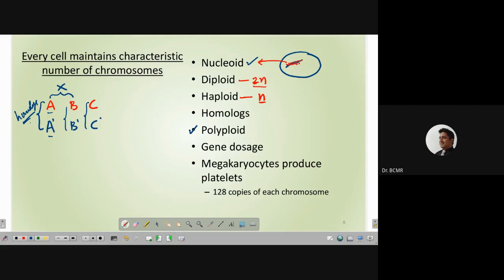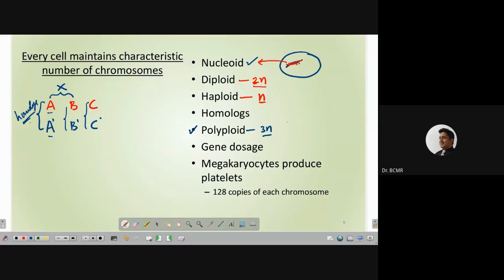Okay, and polyploidy is something. In some cases, I hope you remember, if you have studied botany in your +2, you would have seen that endosperm is 3n. It has 3 sets because of double fertilization in plants.